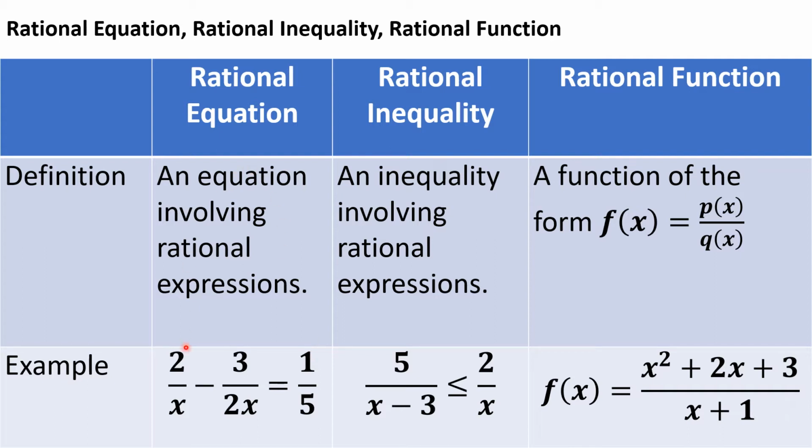In your rational equations, we have here 2 over x minus 3 all over 2x equals 1/5. In a rational equation, when we substitute a certain value of x, the left side and the right side of the equal sign must be balanced, or must be equal. That is the concept for your rational equation.